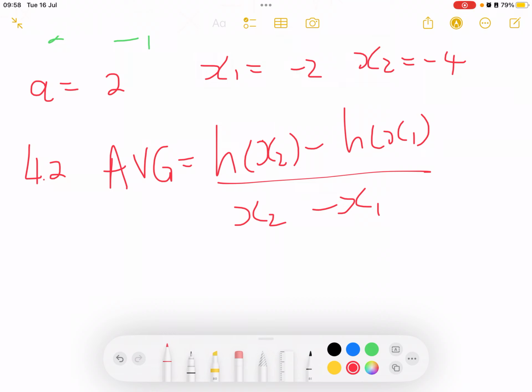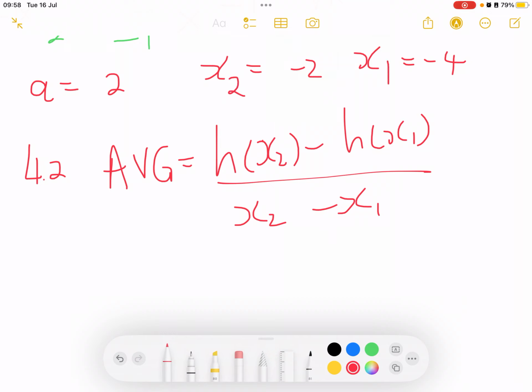I think I made a slight mistake here, but we can erase this to be our x2 and these to be our x1.